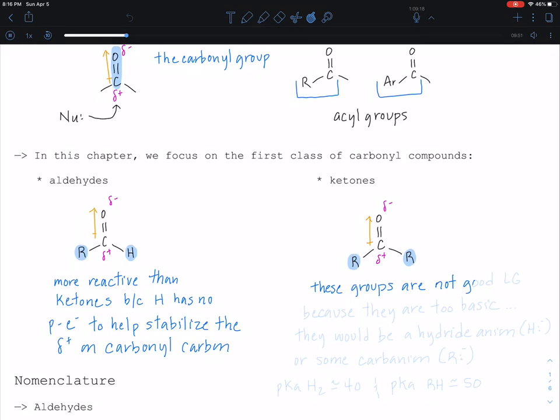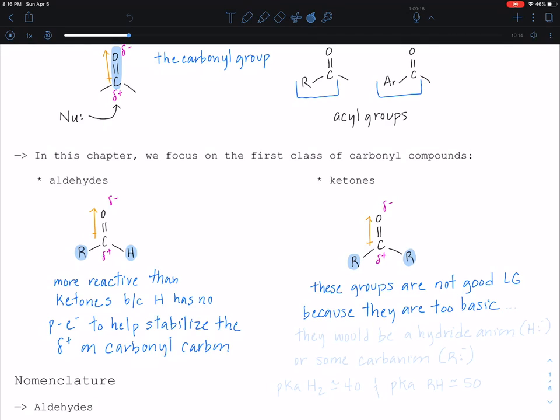So they're not good leaving groups, because if they did, they would be too basic. And we know that really basic groups make poor leaving groups, right?